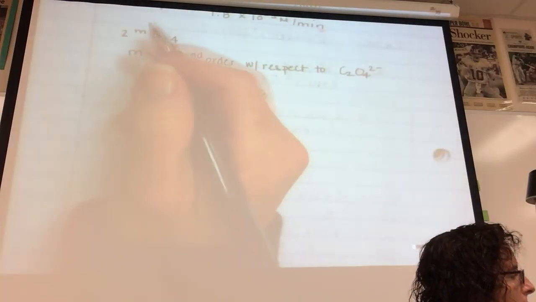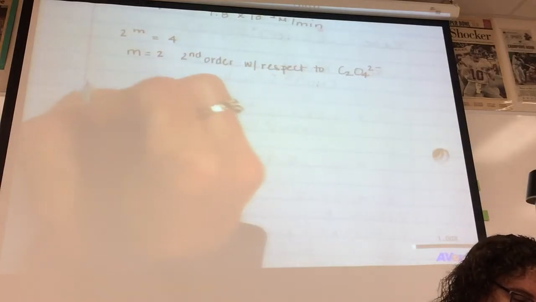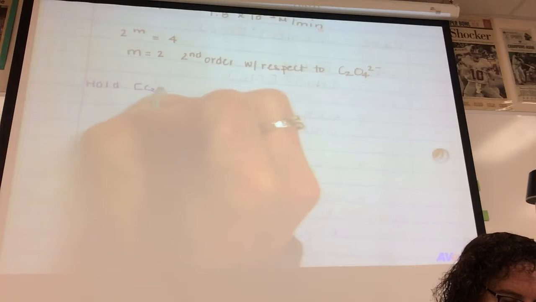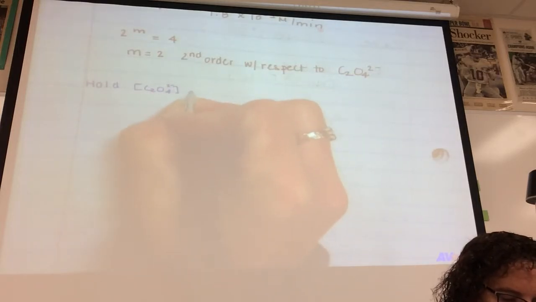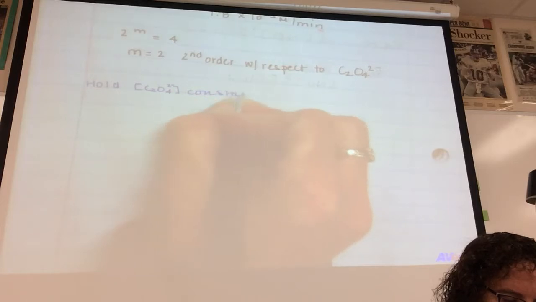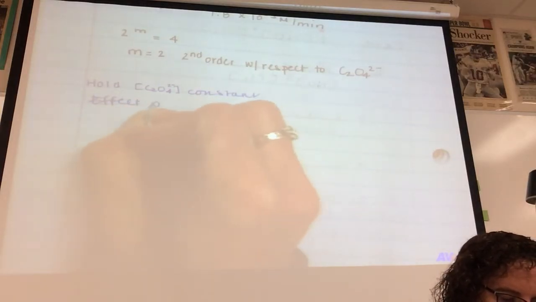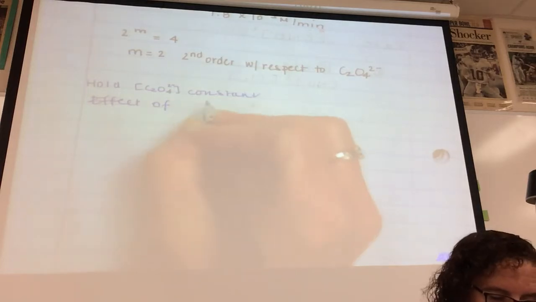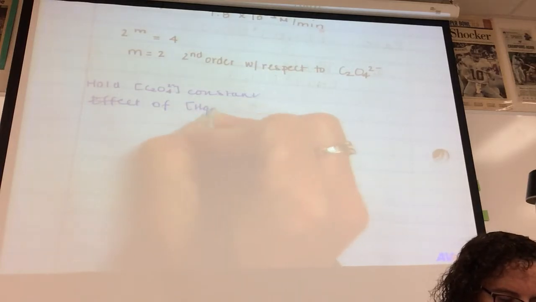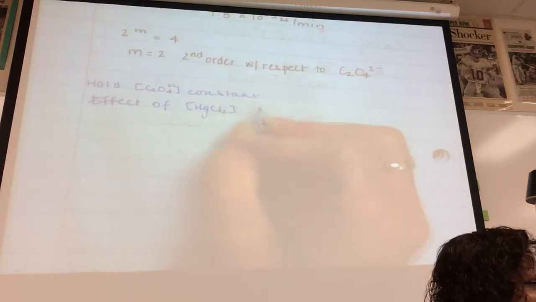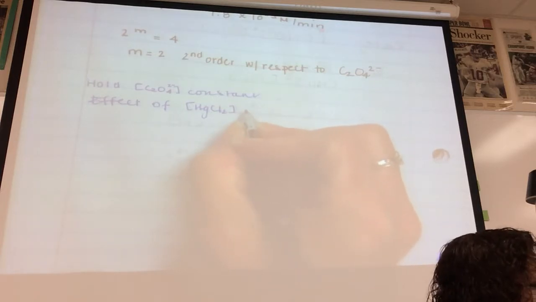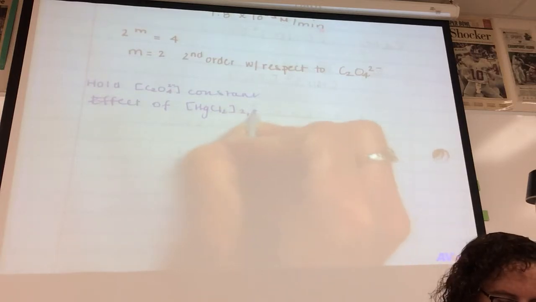So what we've got here is we're going to hold oxalate ion constant. We're going to look at the effect of mercury 2 chloride concentration on the rate using experiments 2 and 3.